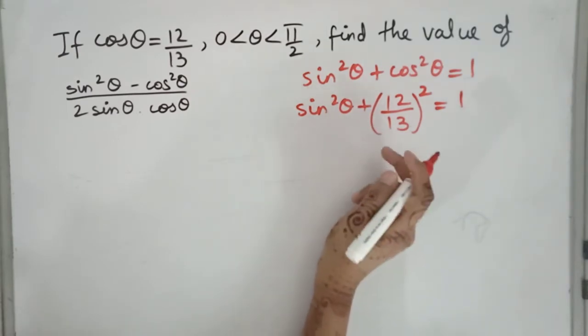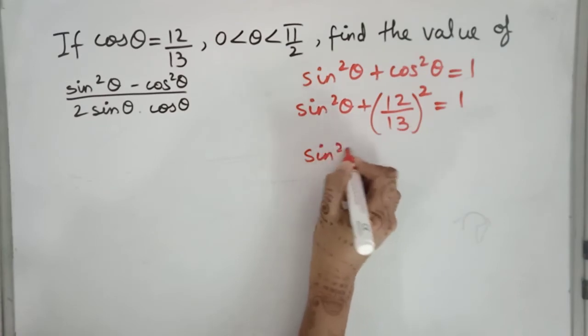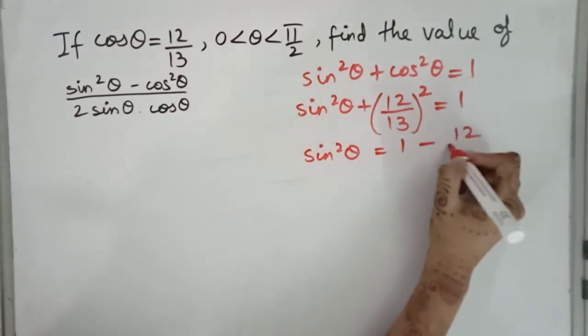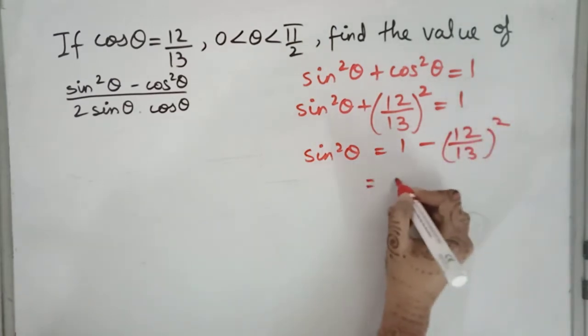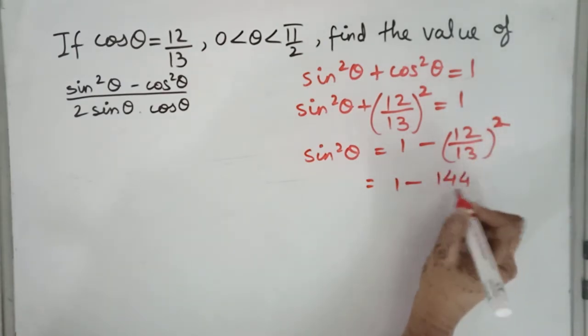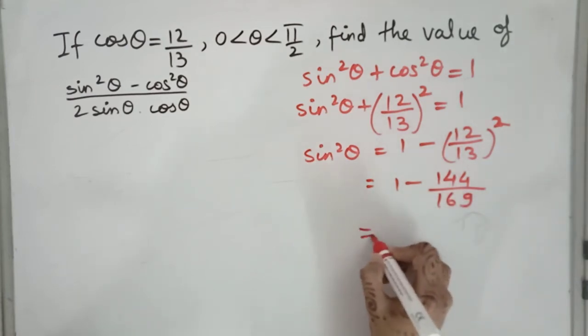Now shifting the 12 upon 13 square over there, sin square theta is equal to 1 minus 12 upon 13 square. 12 square is 144 and 13 square is 169.